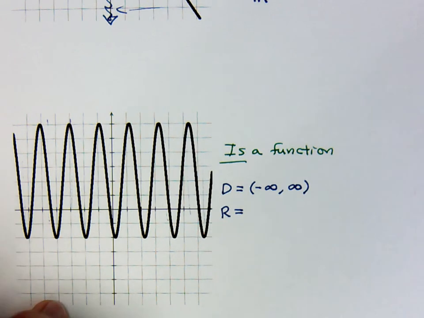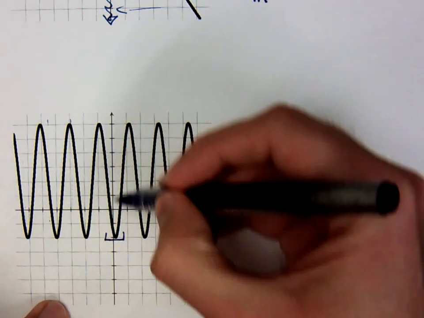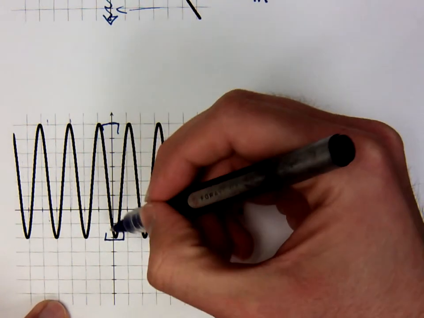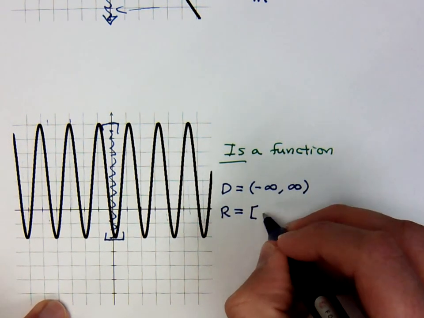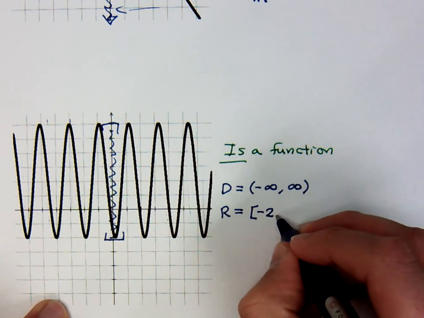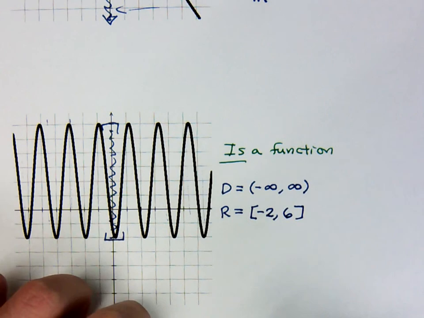Can I kind of extrapolate and see what's going to happen as I keep going out to the left and to the right? So your range is going to be bounded between -2 on the bottom and +6 on the top. So everything in between here will be for your range. So from -2 to +6. That would include all of the y values that make up this picture.